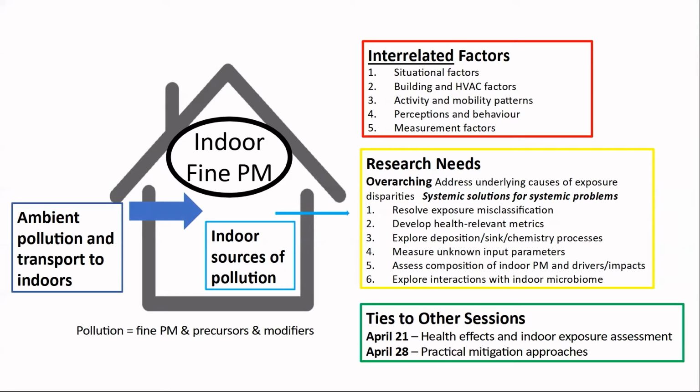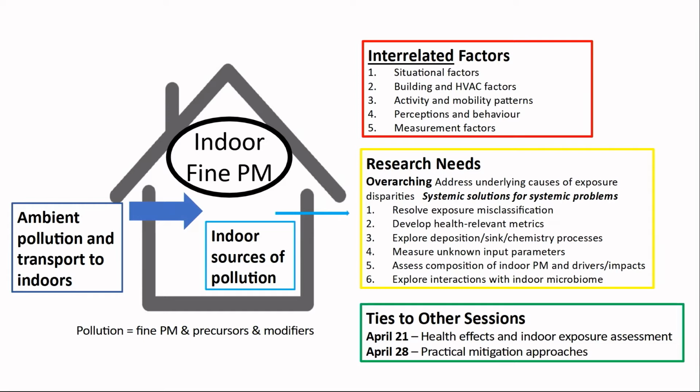And then there were several factors that influence indoor fine PM, and we can group them into 5 very broad categories. But the important thing is, even though they're categorized, there's a lot of interrelationship. These are not independent areas, but things that have multiple interplay with each other.